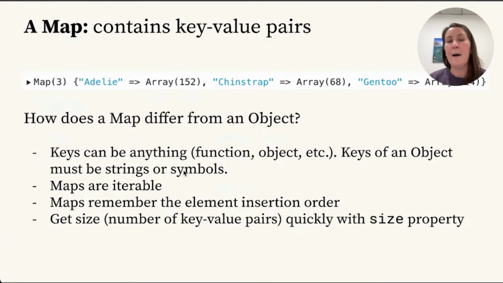And there are some helpful properties that give you information about the map. For example, the size property of a map gives you the number of key value pairs, where there's not an analogous method for objects. So they differ in some ways, but they are similar in the way that they contain key value pairs that store information for us.